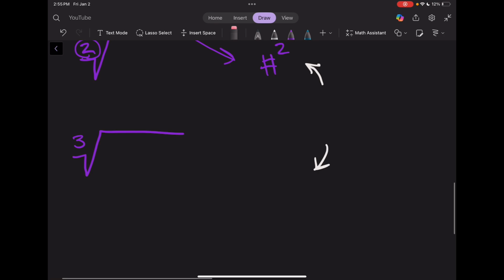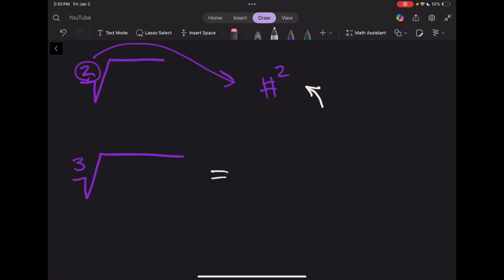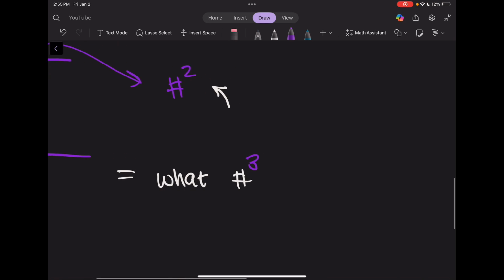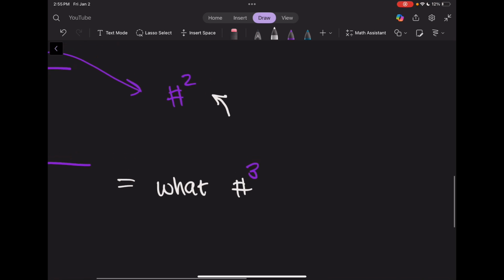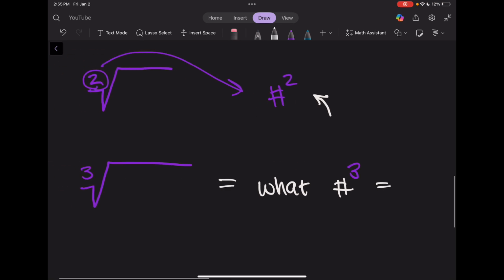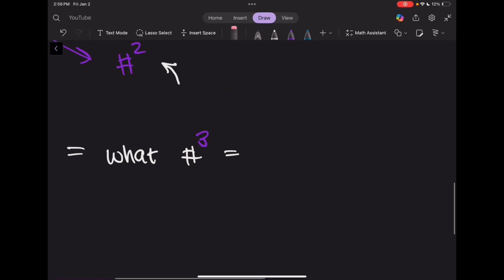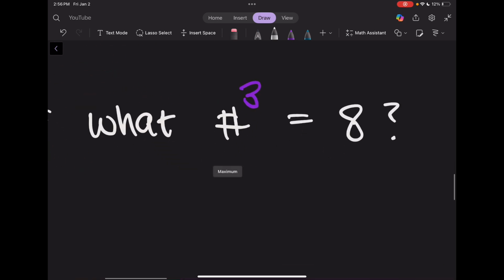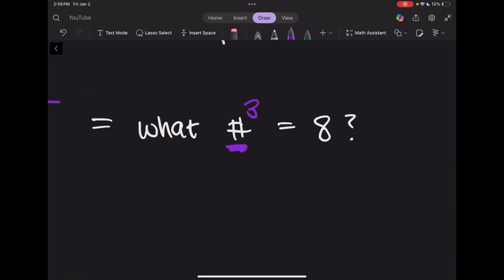Alright, so if you see a cube root, this is the same thing as asking what number to the third power this time. So it's not to the second power, but to the third power equals whatever is inside here. So let's do 8. And the goal is to find what this number is.